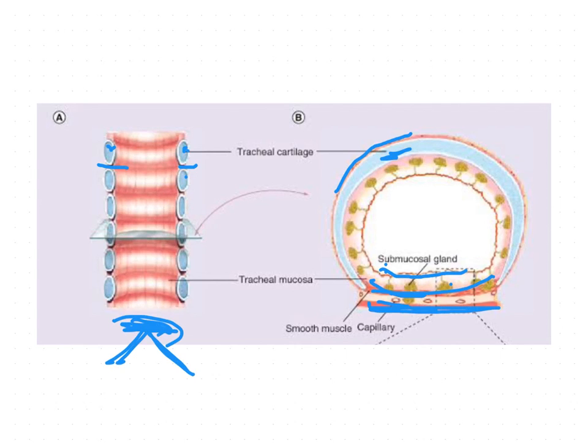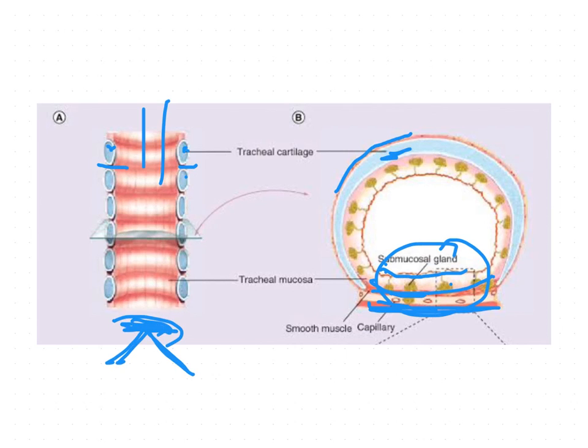The mucous membrane is lined by pseudostratified ciliated columnar epithelium with goblet cells in between. The epithelium rests on the basement membrane. So these are some of the histological features of the trachea. The thing you have to understand here is that the mucus secretions help in trapping the inhaled foreign particles.